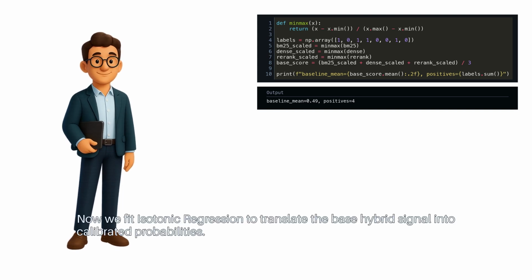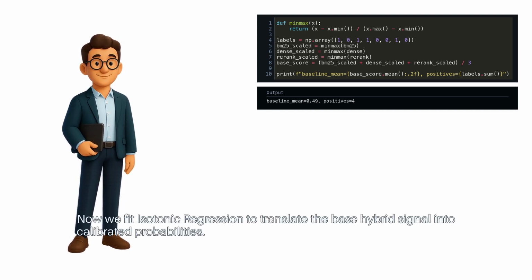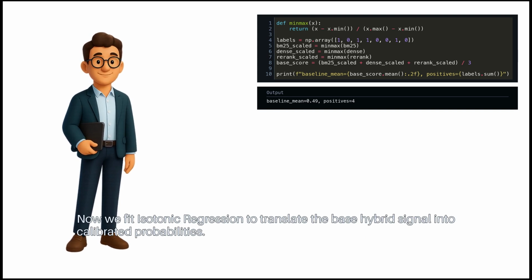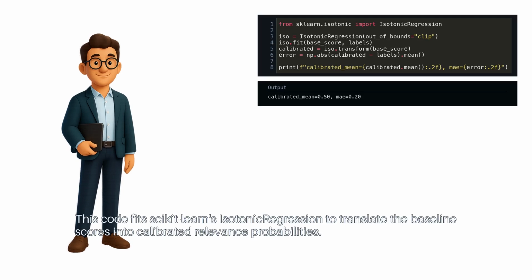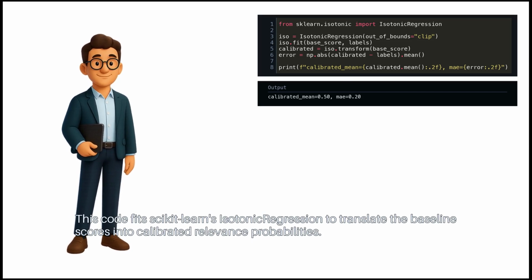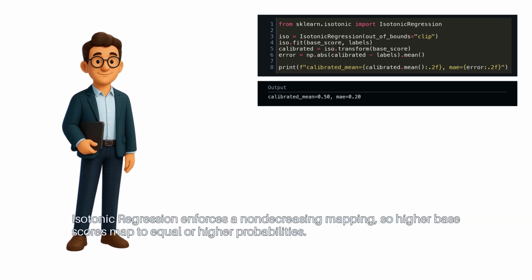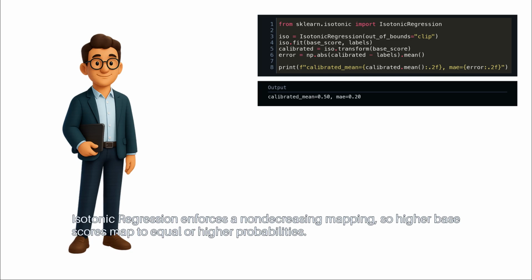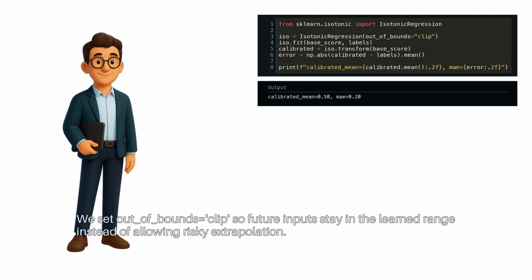Now we fit isotonic regression to translate the base hybrid signal into calibrated probabilities. This code fits scikit-learn's isotonic regression to translate the baseline scores into calibrated relevance probabilities. Isotonic regression enforces a non-decreasing mapping, so higher base scores map to equal or higher probabilities. We set out-of-bounds clip so future inputs stay in the learned range instead of allowing risky extrapolation.